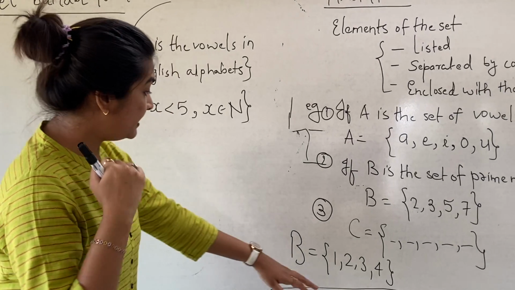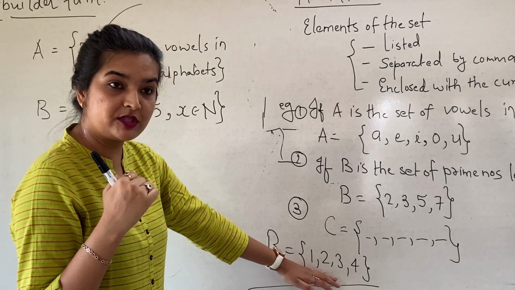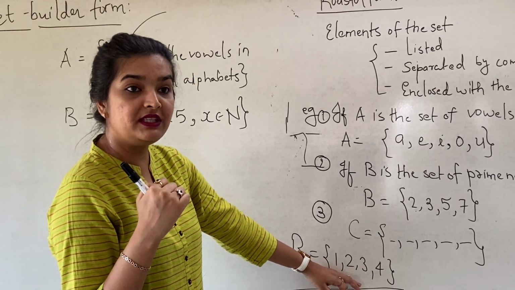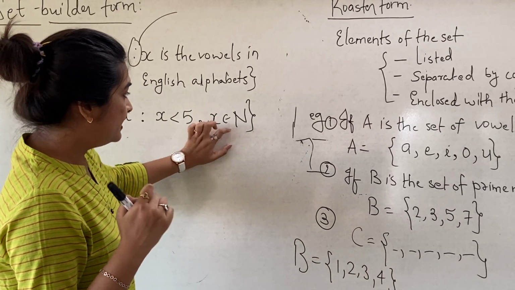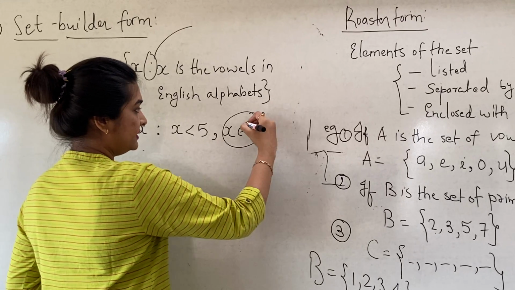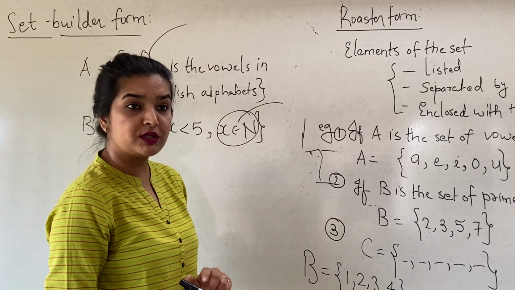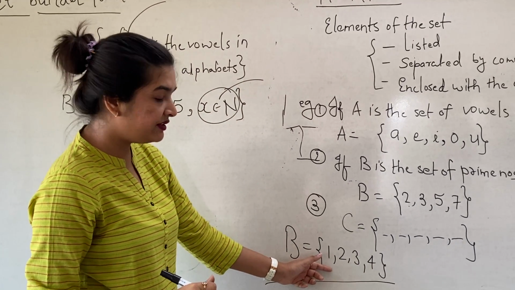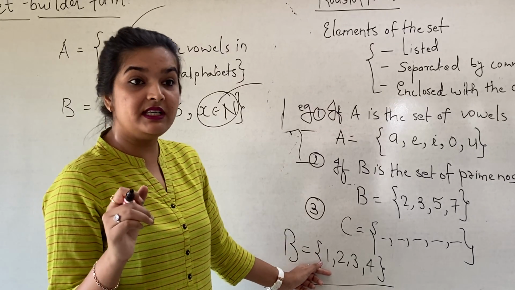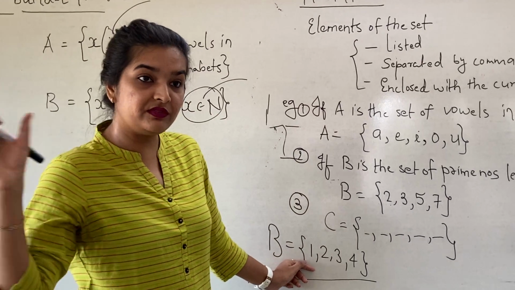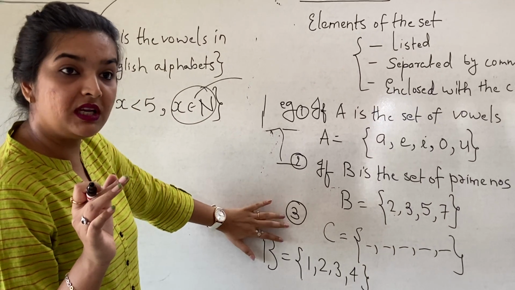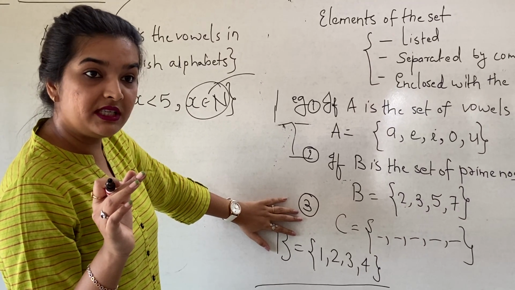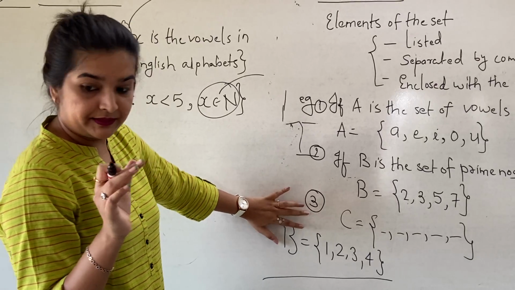Because these are the numbers strictly less than 5, 5 will not be there. And this term is important here, x belongs to N, because x less than 5 means you can take integers also, negative numbers, but x belongs to N means only natural numbers will be there, no integers.